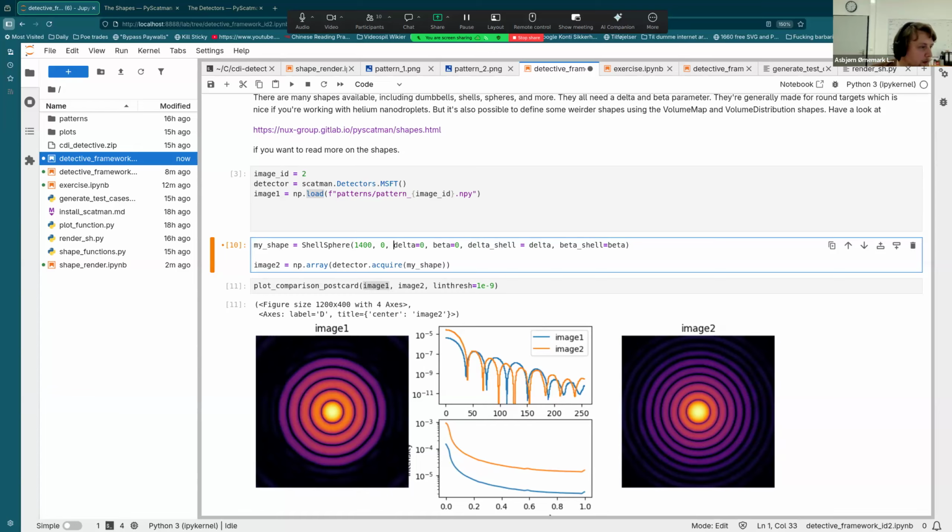We are setting the inner part of the shape to 0 and 0, and then we are setting the outer parts to... So this would be equivalent to vacuum, right? And then the outer parts have helium.